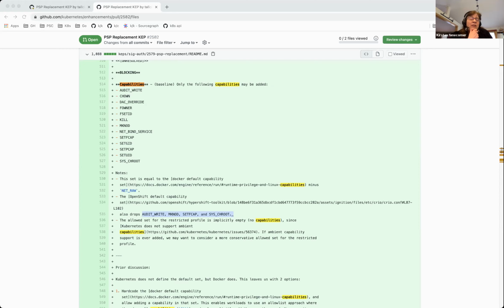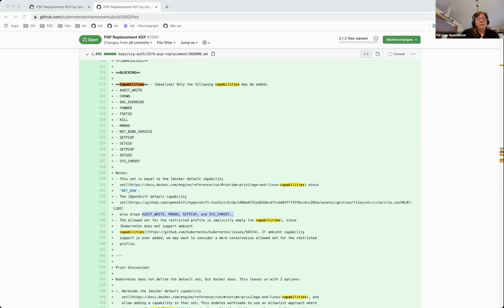That's hard. From the conversations I've had with customers about Linux capabilities, we have had to do attack surface analysis on every single capability that a workload wants to add to the restricted profile beyond what's allowed in restricted. And so how are we as a group going to make that determination about which capabilities are okay to allow in the restricted set? So, the fact that these are the default capabilities, that's fine.